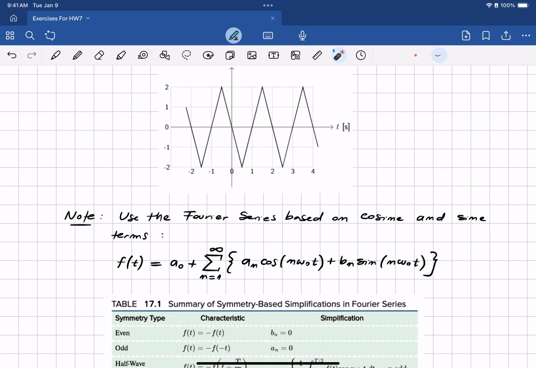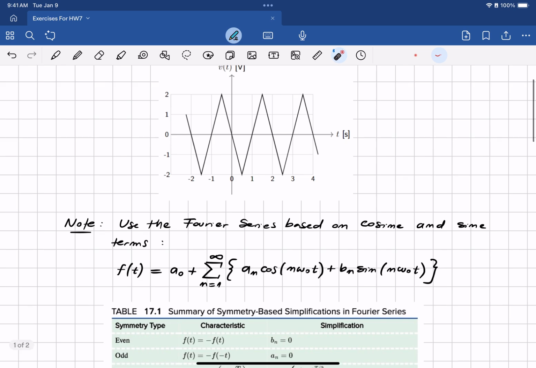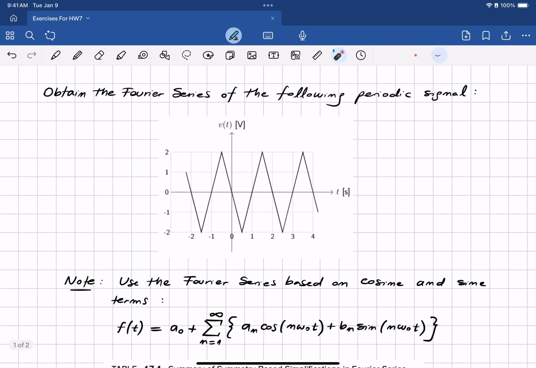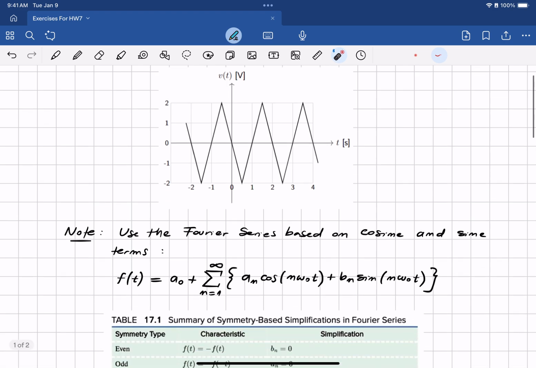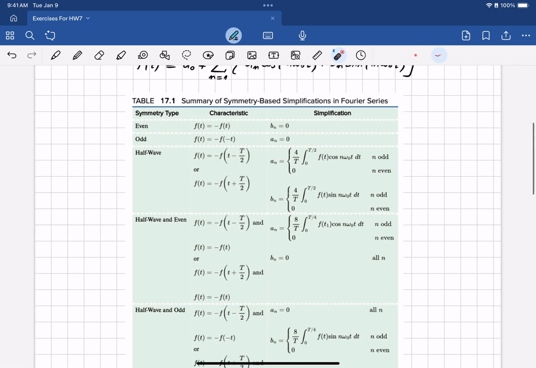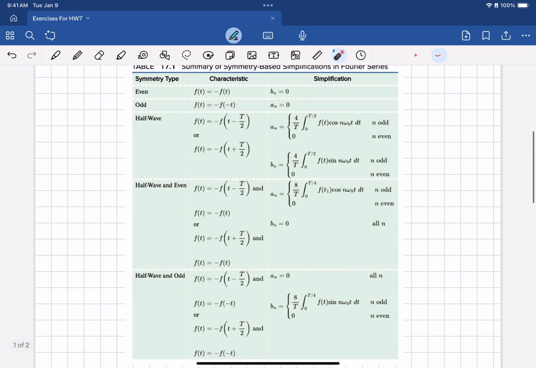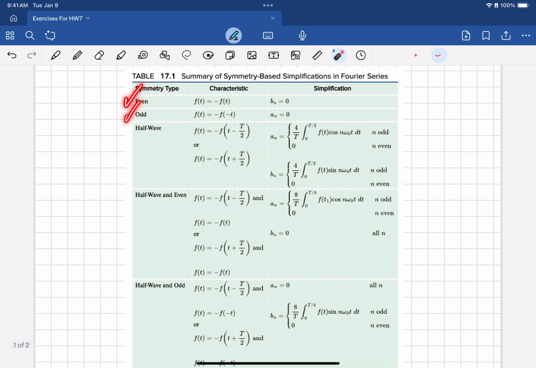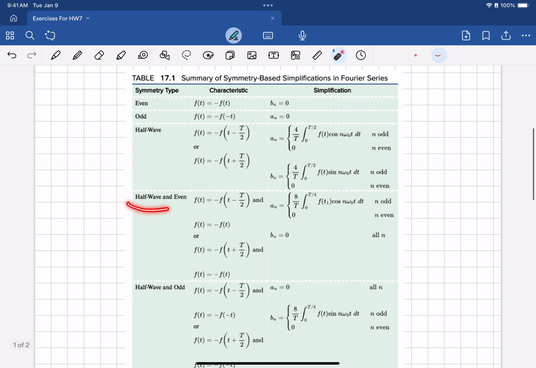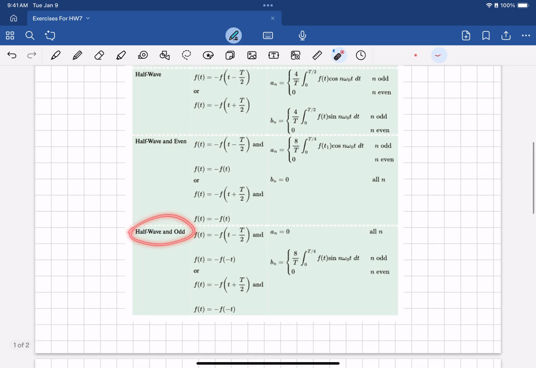One thing that I wanted to go over before solving anything, and it's a good tip overall whenever you're solving this type of problem, is that you can identify for these periodic signals some type of symmetry. That's going to highly simplify your calculations. So I pasted here the same table that is provided in the book, which lists all types of symmetry present in periodic signals: even, odd, half wave, and a combination, half wave and even, and half wave and odd.